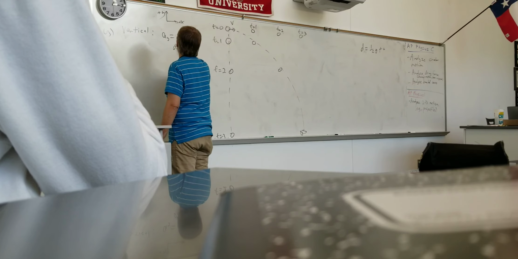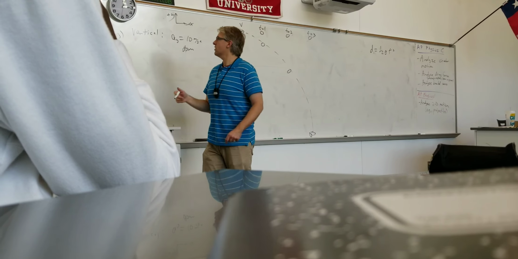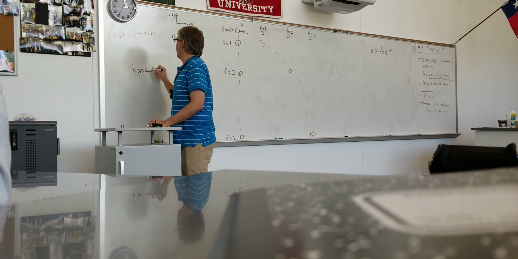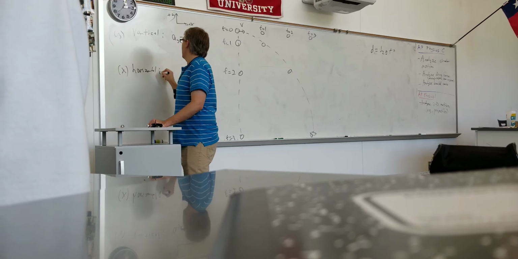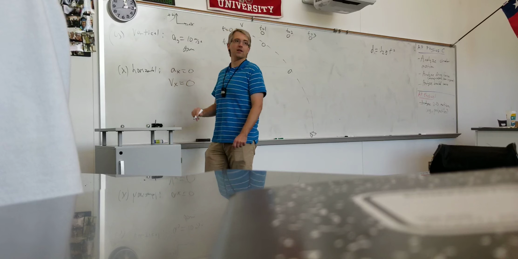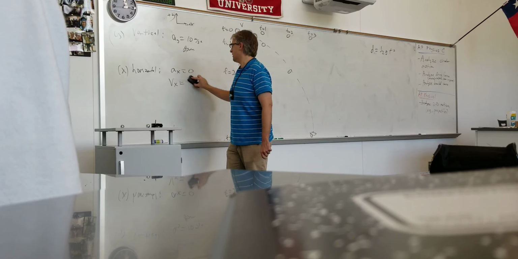In other words, g down. You have constant acceleration. Okay? In the horizontal direction, which you might call the x direction, the idea is ax is constant, and therefore your x velocity is constant.